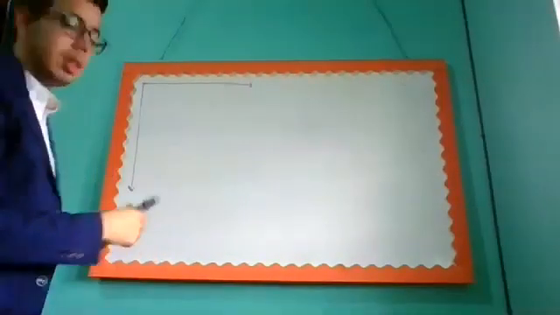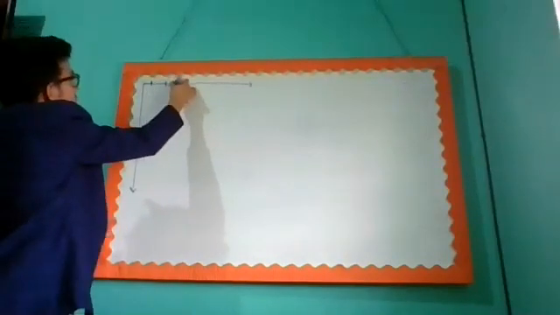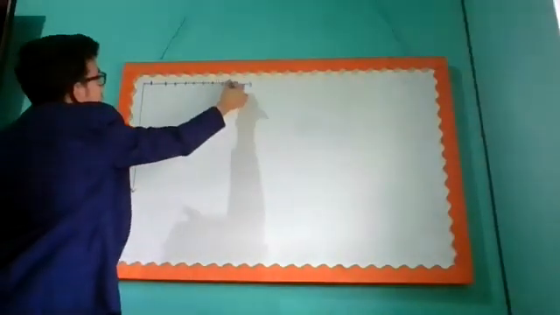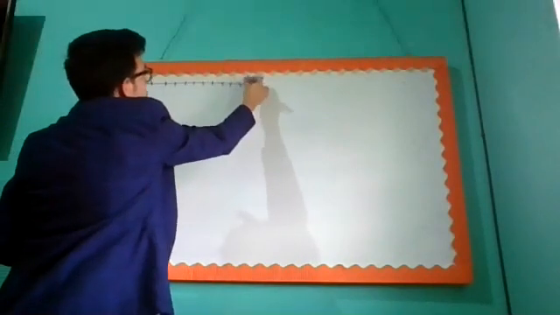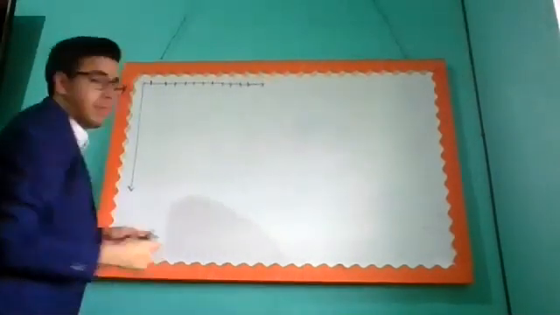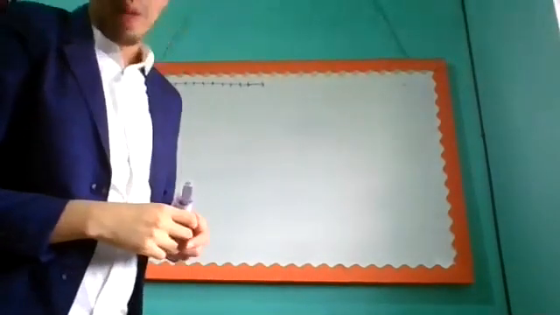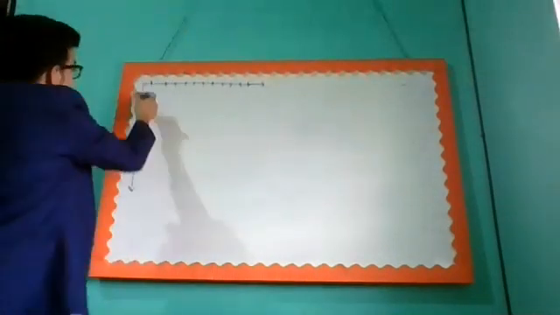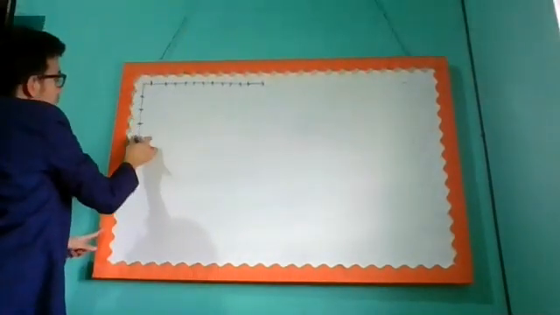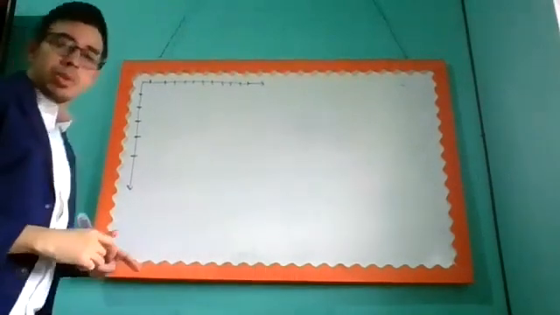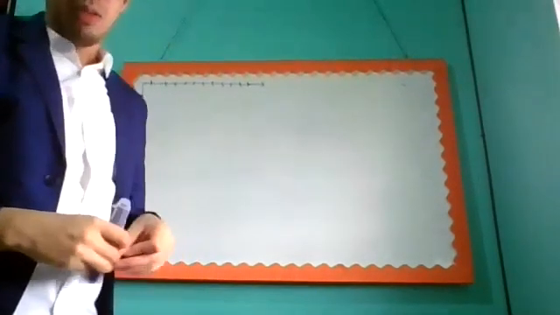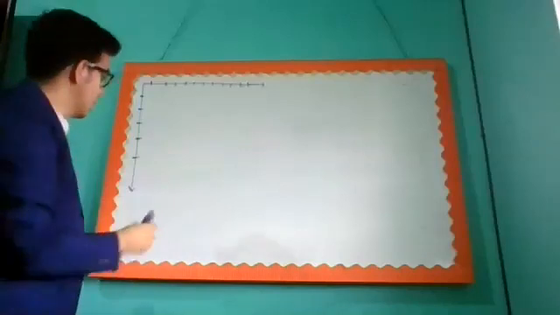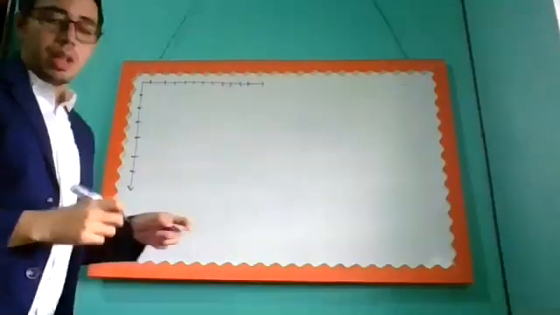You have this until 10: 0, 1, 2, 3, 4, 5, 6, 7, 8, 9, 10. And for the other part, you have negative 200, negative 400, negative 600, negative 800, okay? I'm not going to write anything. I'm only trying to show the part that is interesting in here.